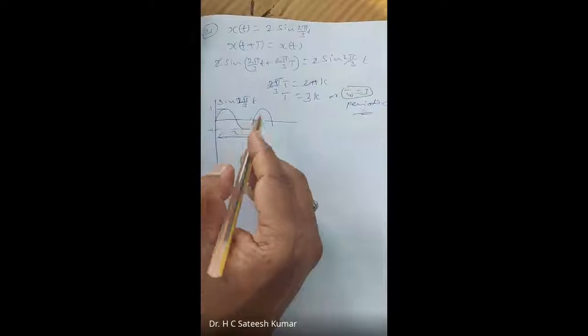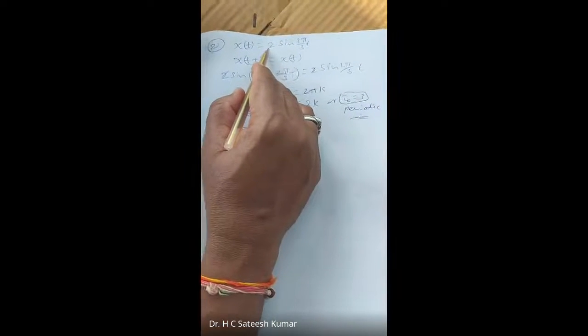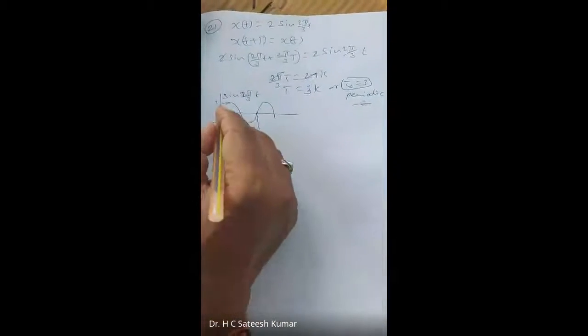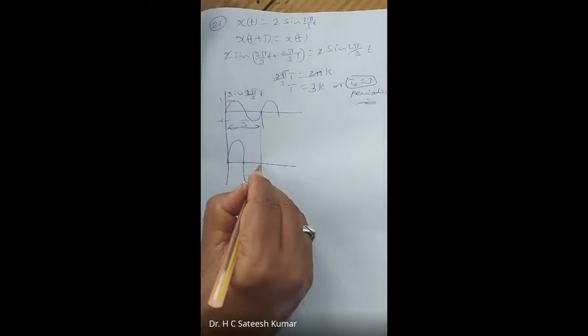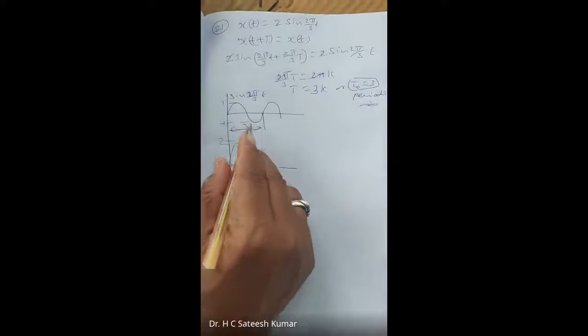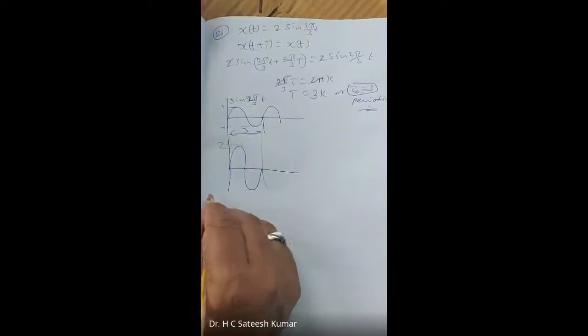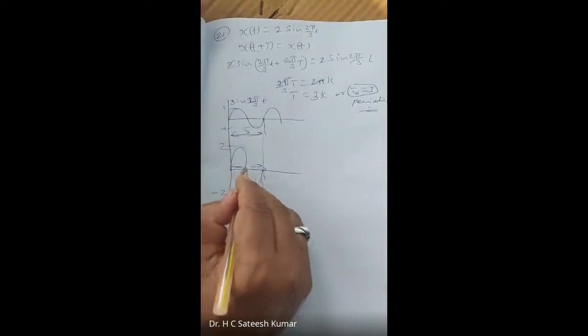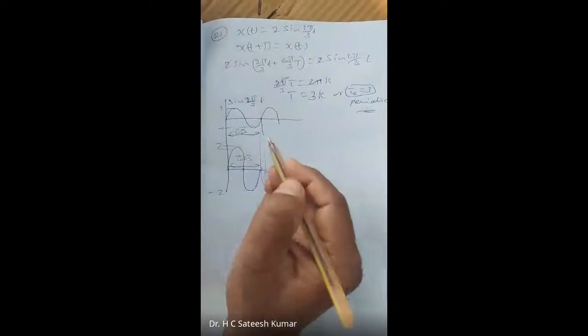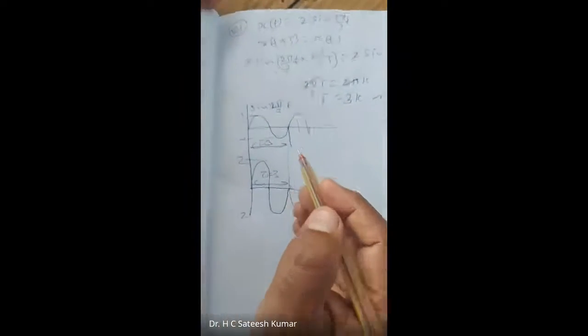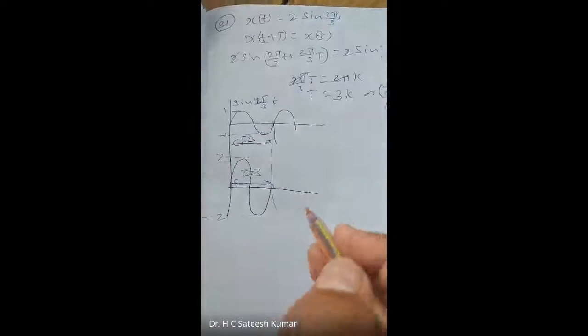Now you multiply by 2, which means 1 into 2 is 2, and minus 1 into 2 is minus 2. Still the period remains the same, T naught is equal to 3. So what can we understand from this?